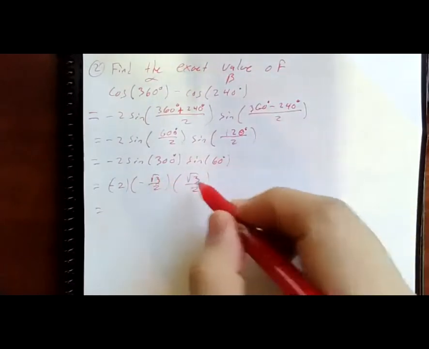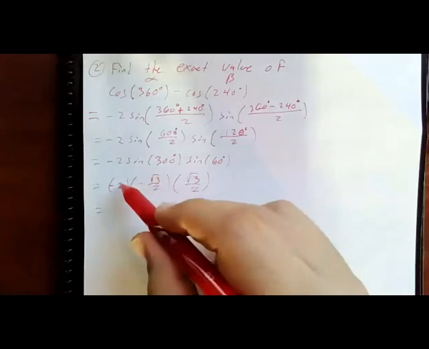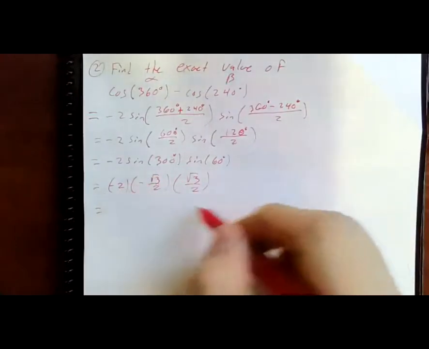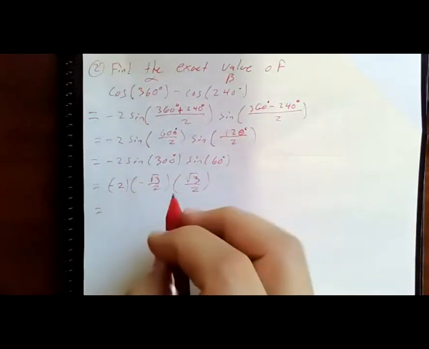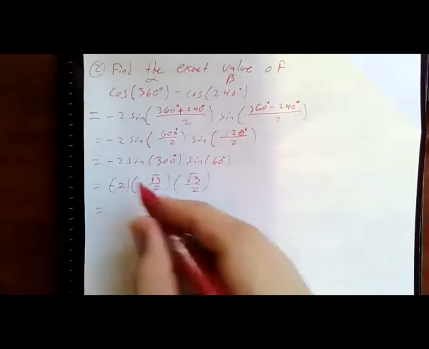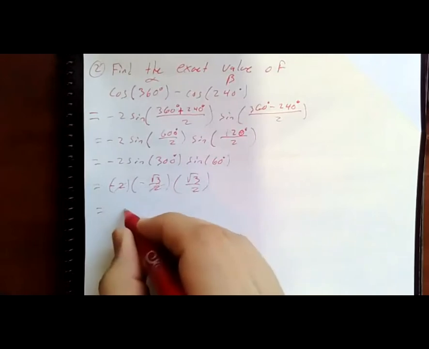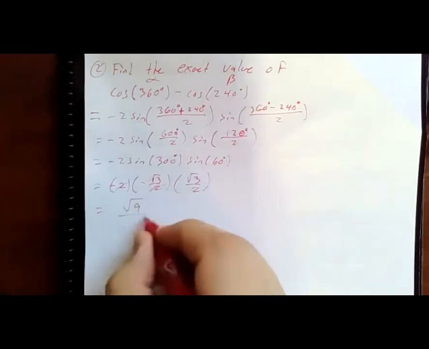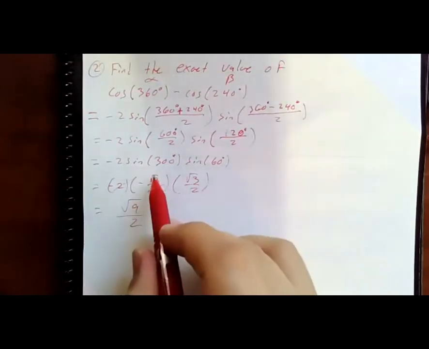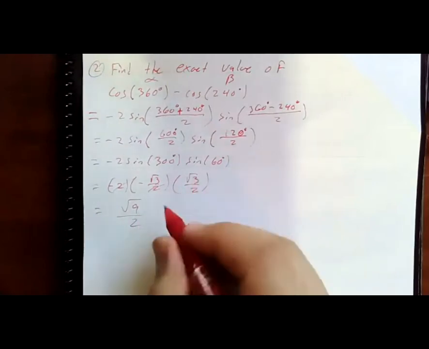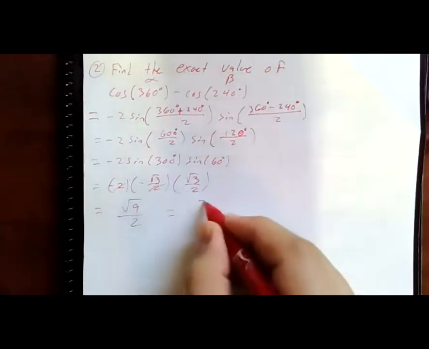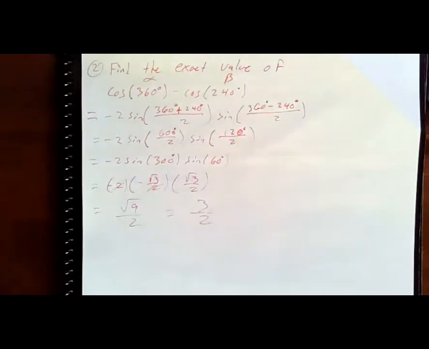Because that would be square root 9. Negative times negative means it's positive, so this entire thing will be positive. So we'll have these 2's canceling. I'm going to show the work so you see why. Square root 3 times square root 3 is square root 9. Negatives are gone, giving us 3 halves. Are there any questions on number 2?